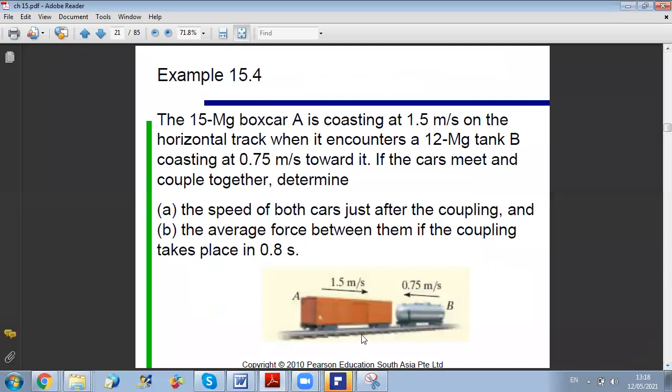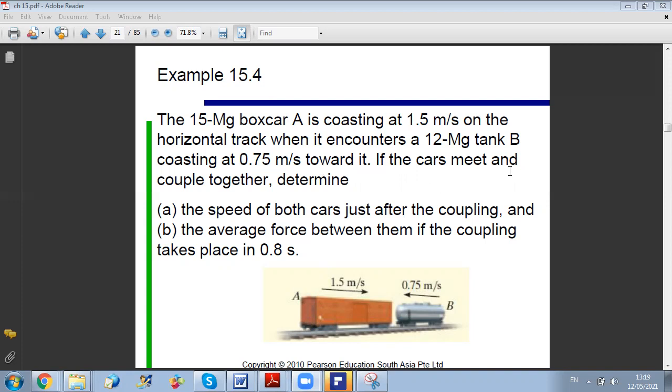So let us see this example to practice on all of these concepts. We have the 15 megagram boxcar A coasting at 1.5 meters per second on the horizontal track when it encounters a 12 megagram tank B coasting at 0.75 meter per second towards it.